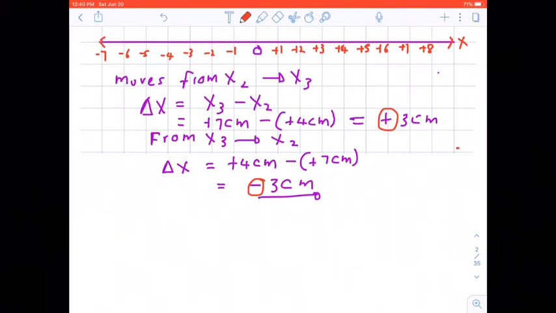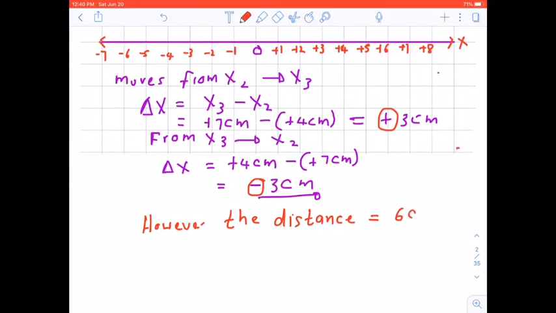However, what we need to know, however, the distance that it covered is equal to 6 centimeters.